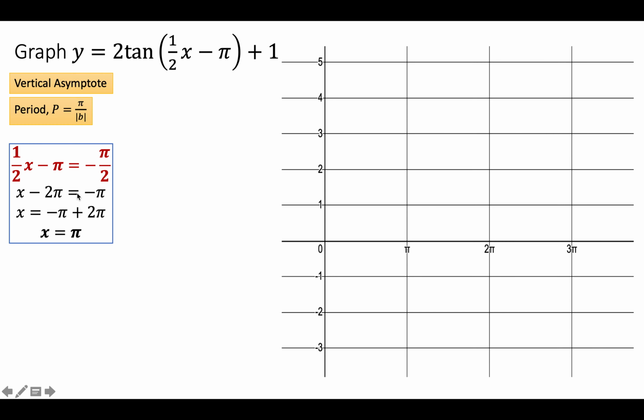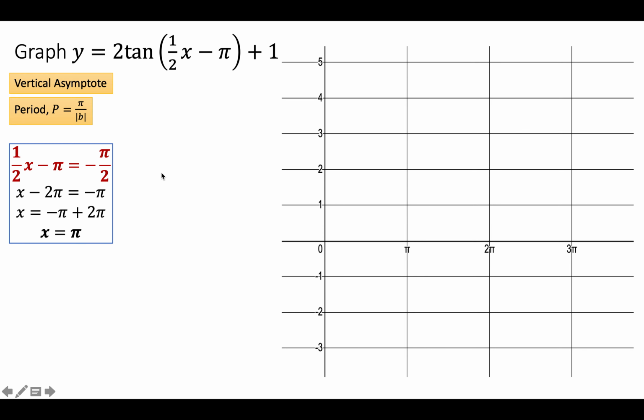It is equal to negative pi over 2 times 2, which is negative pi. So just multiply everything by 2. Then we add 2 pi to both sides, so x equals negative pi plus 2 pi, and x is equal to pi. So pi is one of our vertical asymptotes.